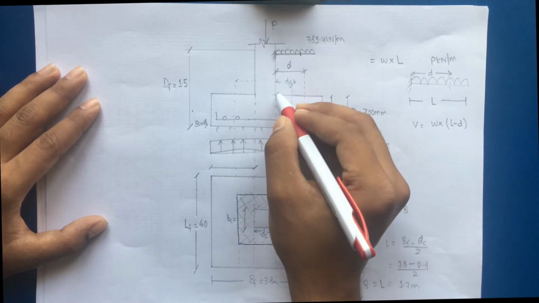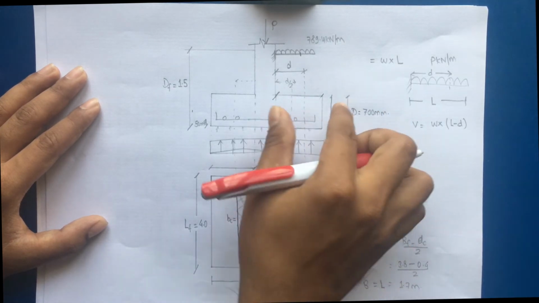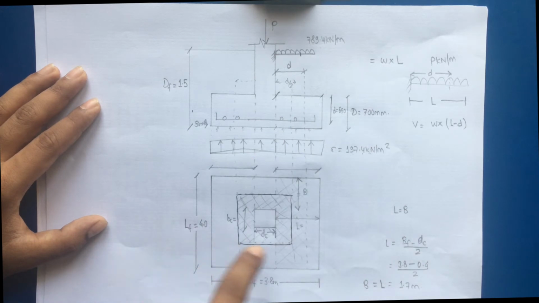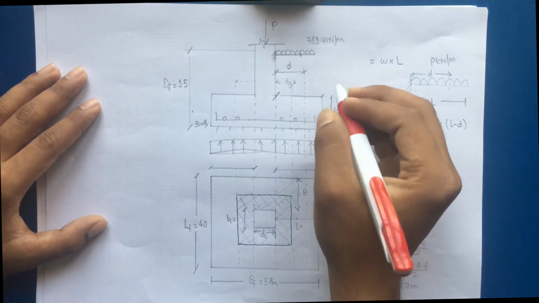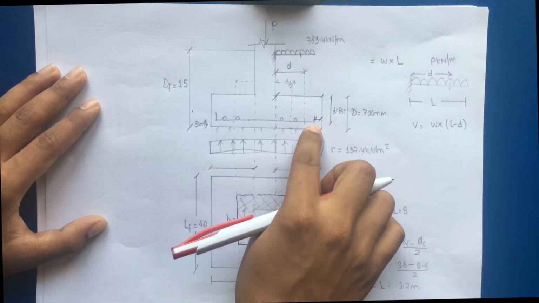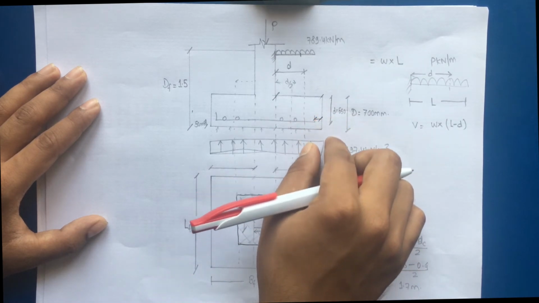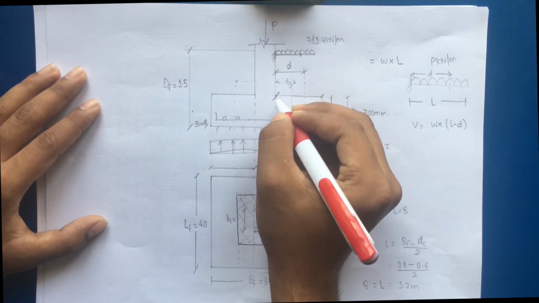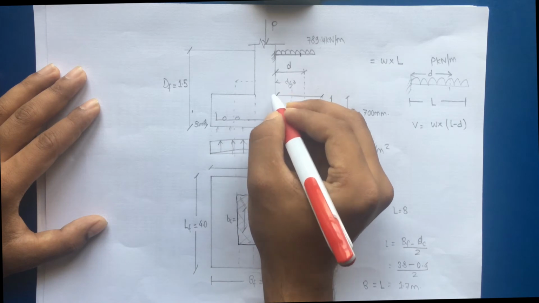And the available length is, so here you can see the length of the projection is 1.7 meter, and considering the clear cover, this clear cover will be applicable for the column as well.